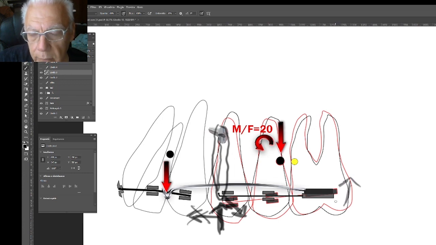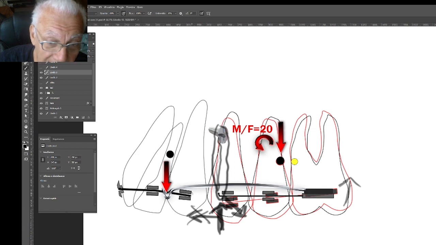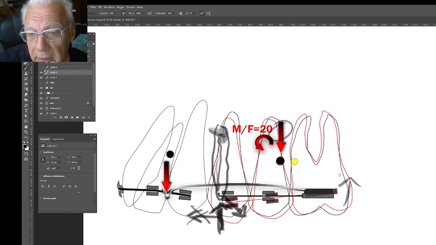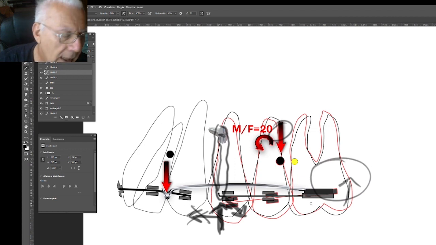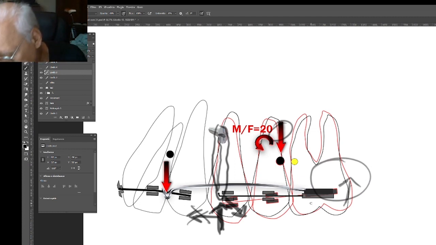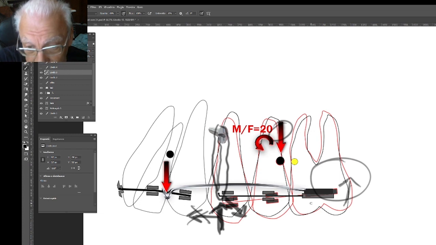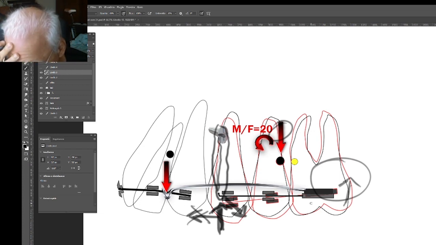So the total force system that you will have will be basically an intrusive force, which will be much higher than the extrusive force that you gave here. And what you will see is probably an intrusion in this area. I wouldn't say that this is a big problem normally, but that's the difference you are creating by using a TAD.